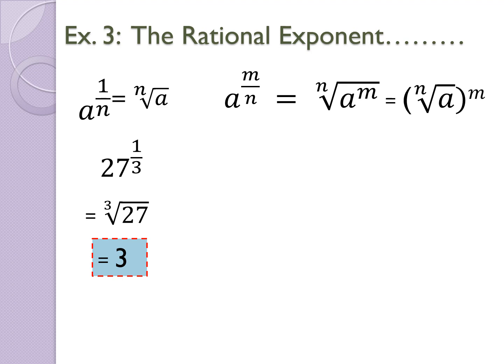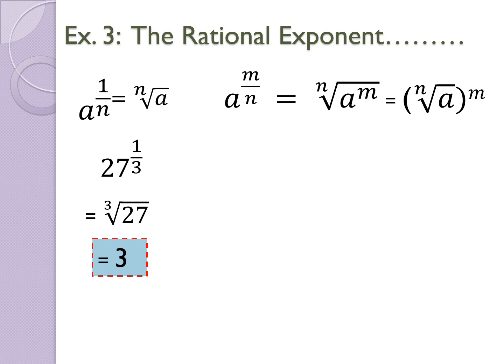So what that means is that it's the nth root of a to the mth power, or it's the nth root of a all to the mth power. Now you're probably wondering, well, which way do I do it? Do I raise a to the power and then take the nth root? Or do I take the nth root of a and then raise that answer to the mth power?